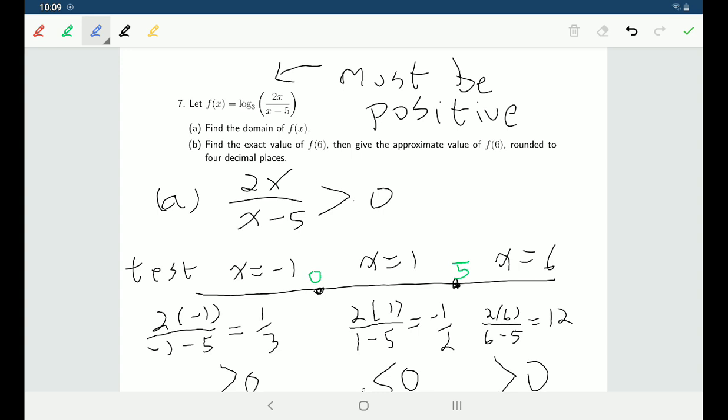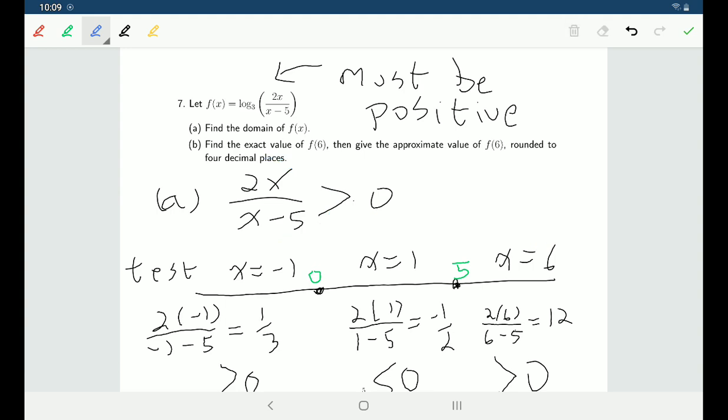Then I take test points. I now have 3 intervals, things less than 0, things between 0 and 5, things larger than 5. So I take a test point in each interval. Here I took -1, here I took 1, here I took 6. And then I find out what is the value of this expression at each of those 3 test points.